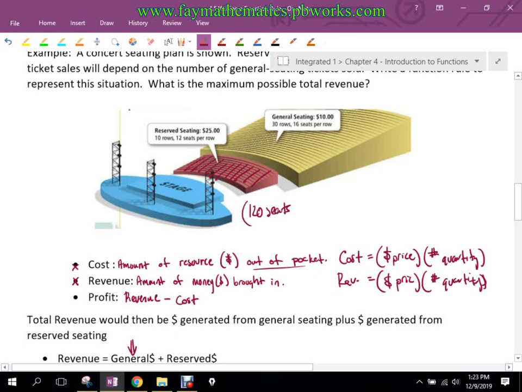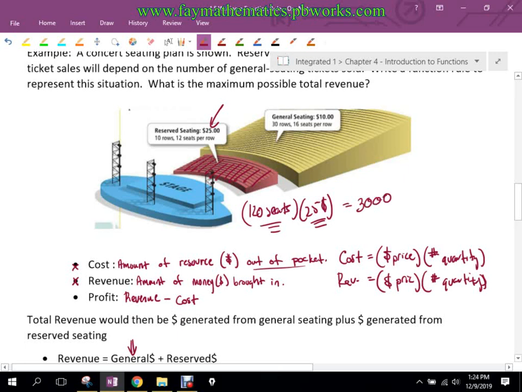So you have 120 seats. How much are you going to sell each one of those seats for? Careful, the red ones, $25, right? Is that a price times a quantity? Okay with everybody? If I multiply that out, that should give me $3,000.